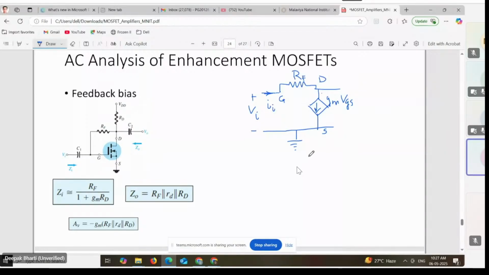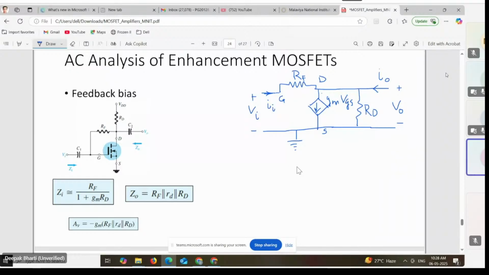Then the remaining RD, this capital RD, is connected between drain and the ground. Then this is your V0, the output voltage, and this is the I0. So what we have to do here is find out the ZI, Z0 and AV.